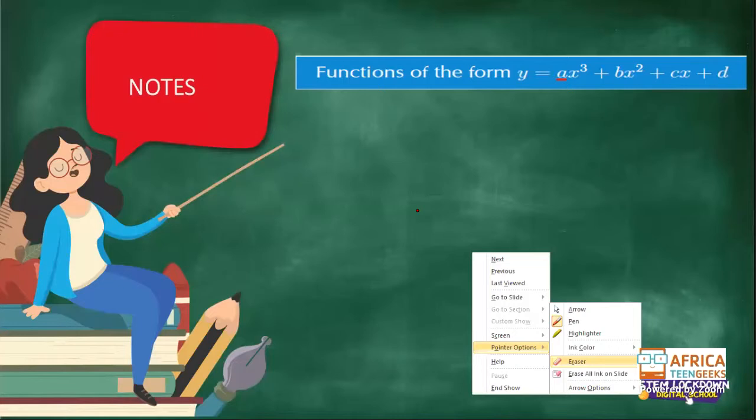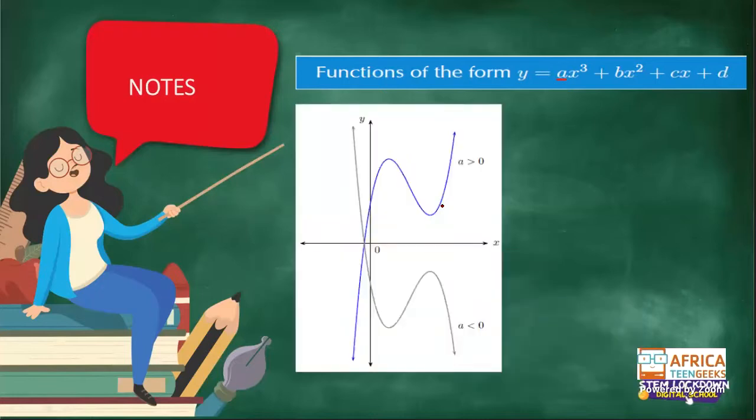And if your a is less than 0, then your function will have this shape. So the homework was just for you to see the different shapes when changing a.